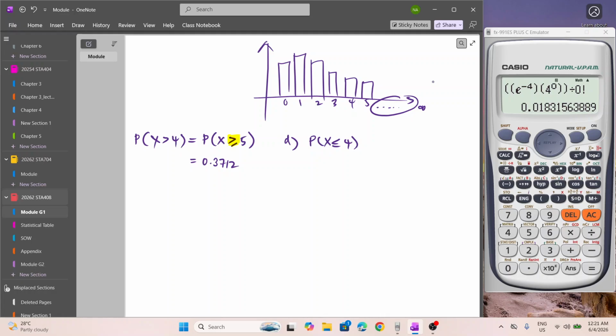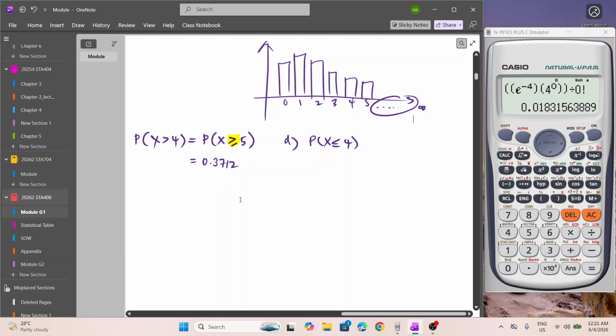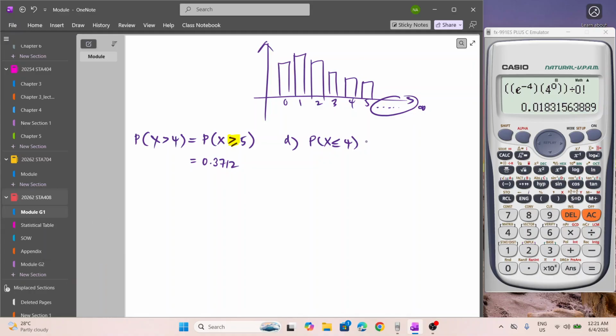So to find the probability of X less than or equal to 4, sorry, I need to change the statistical table. All right, so this is the probability that you want to find, right?